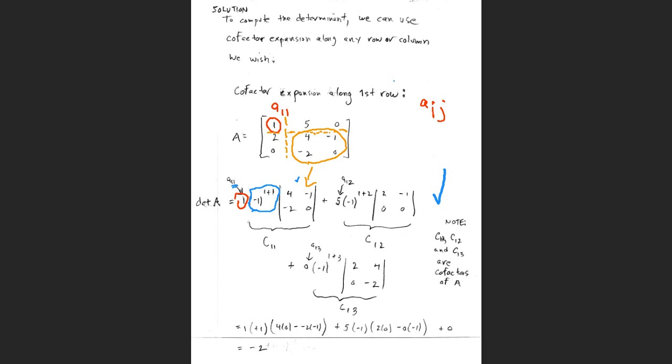And all of this together, this entire portion here, is called a cofactor. It is called a cofactor, and we denote it by C11. That is a cofactor.